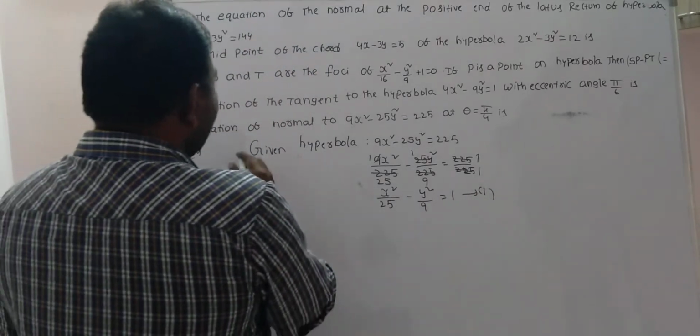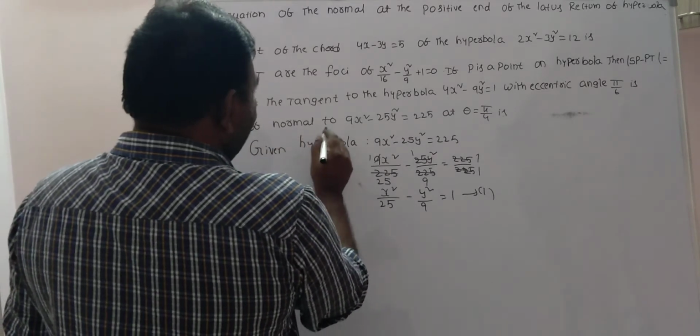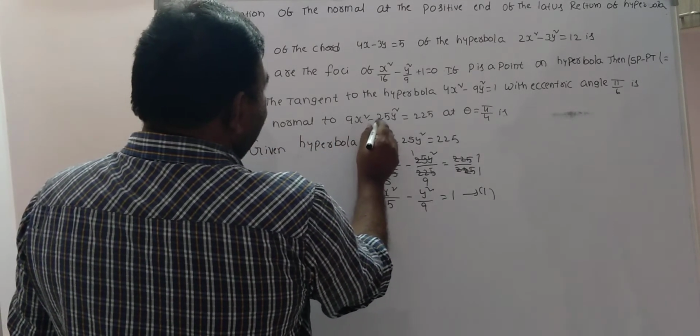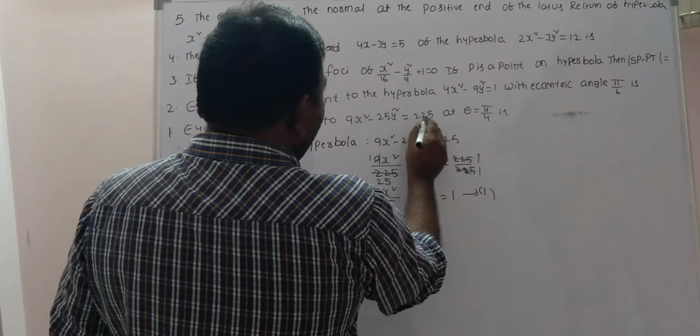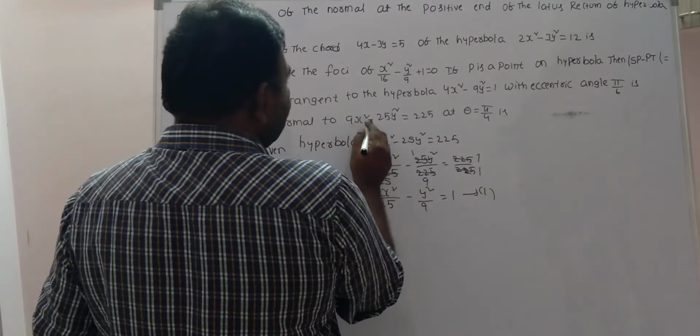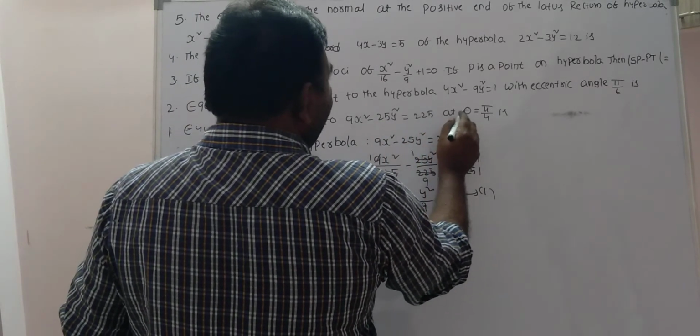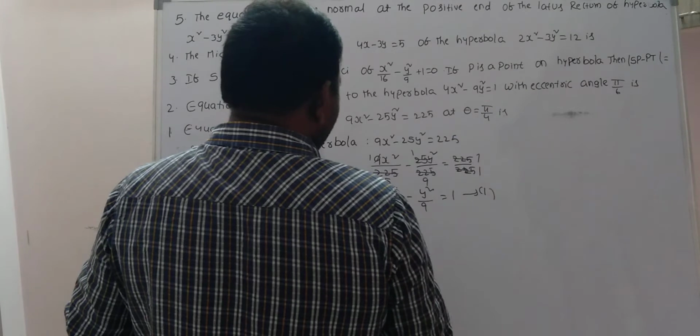Here what do you want? He wants the equation of normal to 9x square minus 25y square equal to 225 at theta equal to pi by 4.